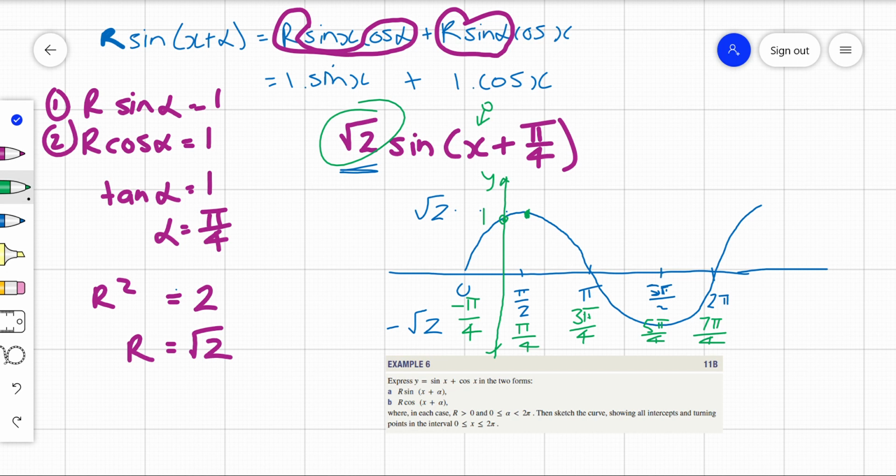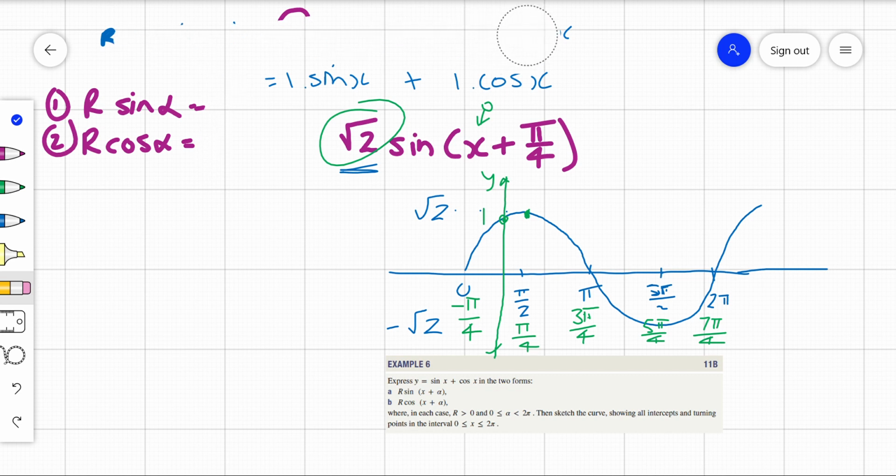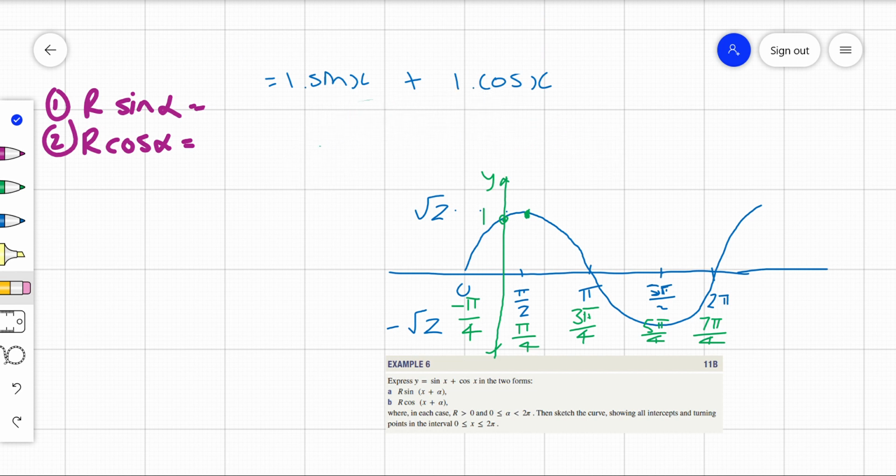So for example, let's look at this second one, r cos(x plus alpha). If I expanded that, I would get r cos x cos alpha minus r sin x sin alpha.